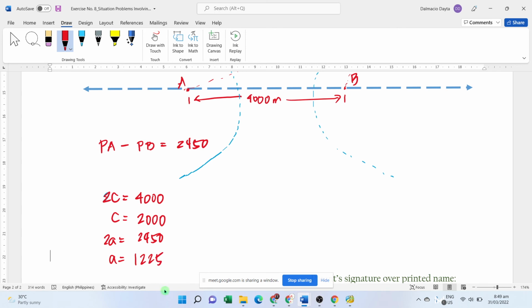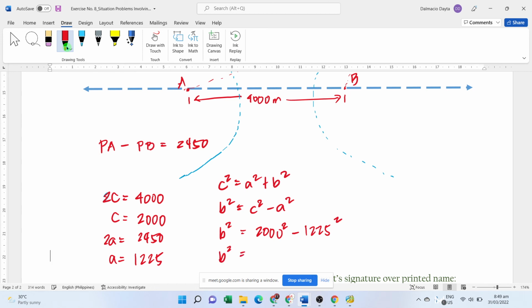Okay? From C squared is equal to A squared plus B squared, then B squared is equal to C squared minus A squared. So B squared must be 2,000 squared minus 1,225 squared. If you have the solution, that is our answer for B squared.